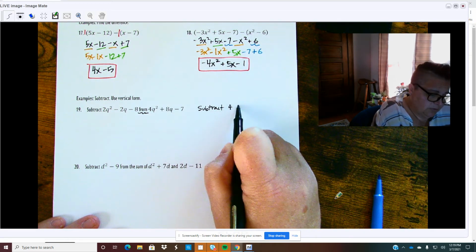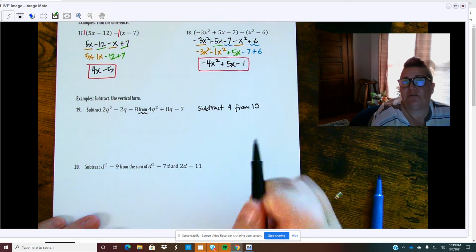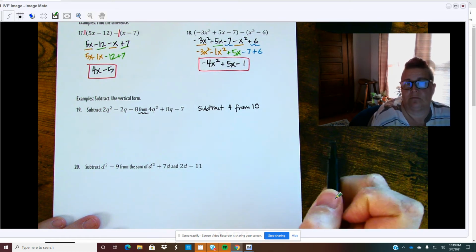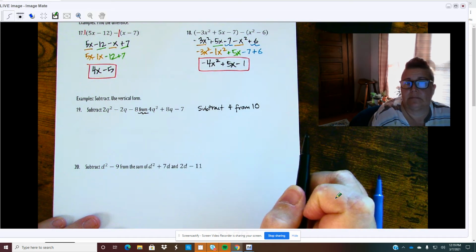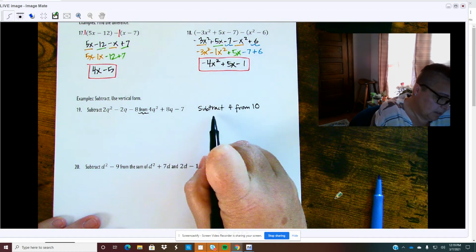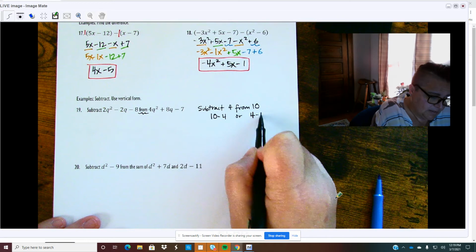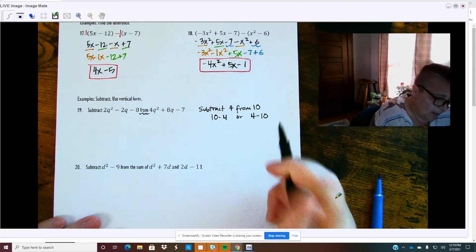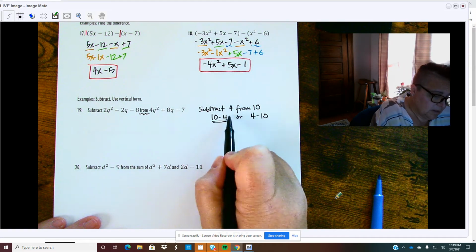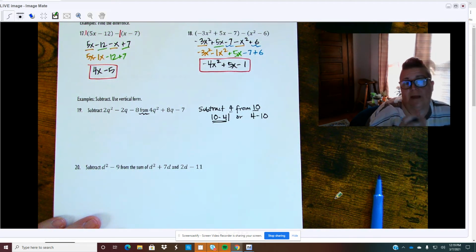When you subtract 4 from 10, is that 10 minus 4, or is that 4 minus 10? When you subtract 4 from 10, you actually do 10 minus 4. And I point this out because that's the reverse order from the way it was stated.